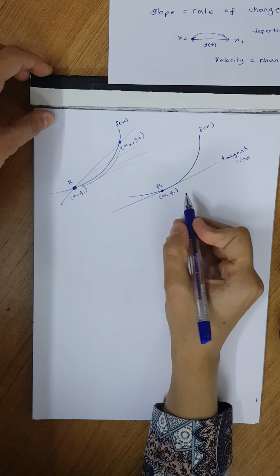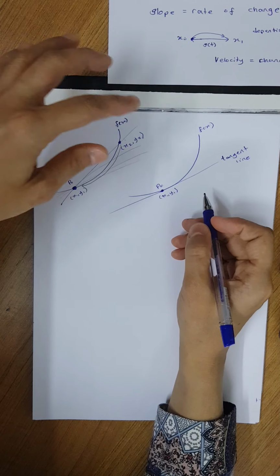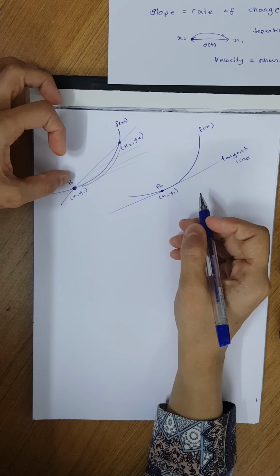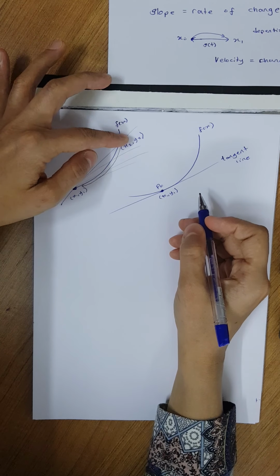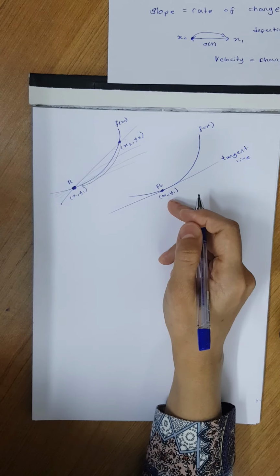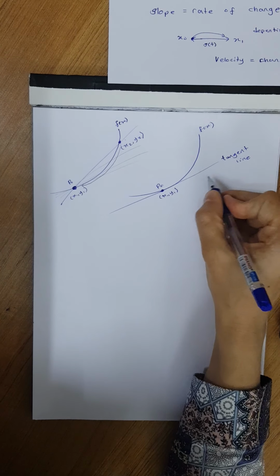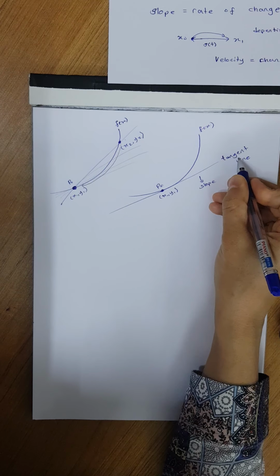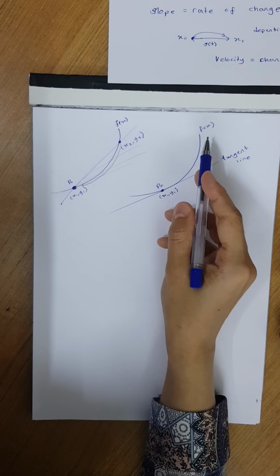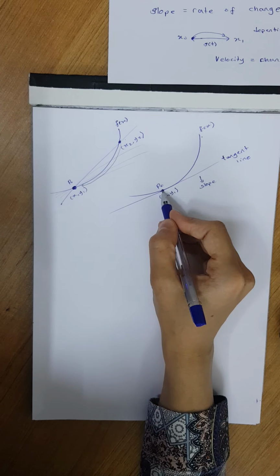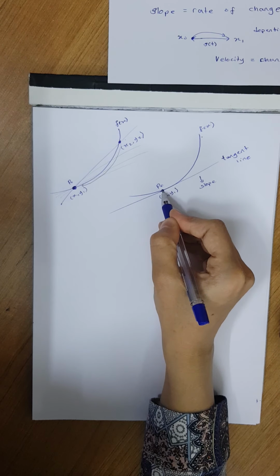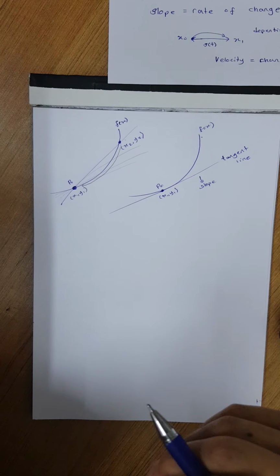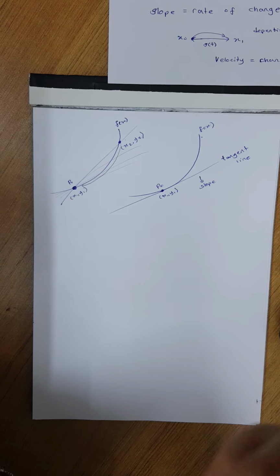It was required from us to find the slope of that function at that given point p naught. When we are changing the secant line to a tangent line, and when we are finding the slope of the tangent line, it will be the slope of the function f of x at p naught. So what did we talk about? We talk about slope. What is a slope? Slope is a rate of change.